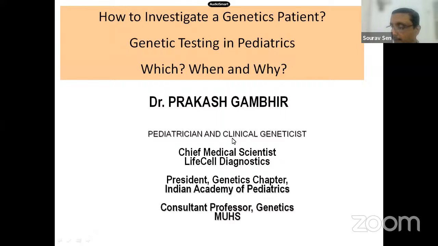And Sir has been involved as a visiting faculty for various universities apart from MUHS, to name a few like Jiwaji University, Gwalior, Gujarat University in Ahmedabad, and Institute of Human Genetics in Ahmedabad.